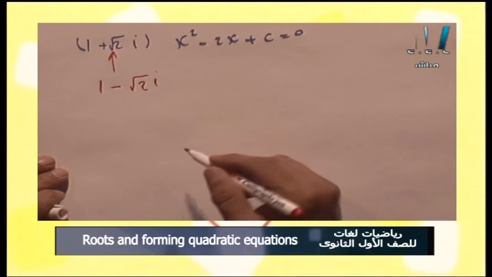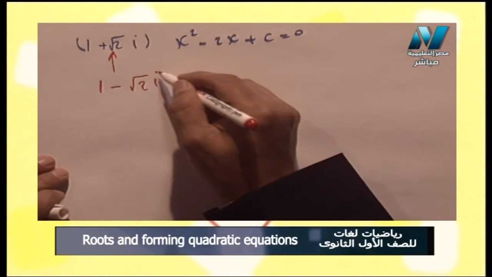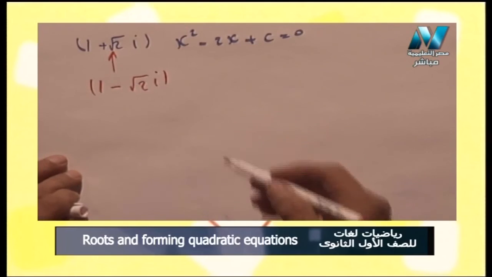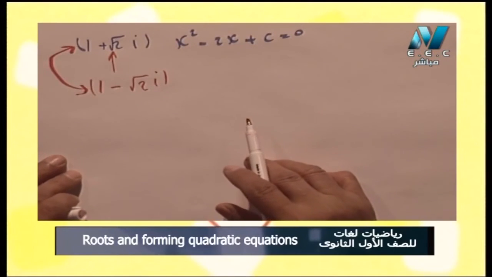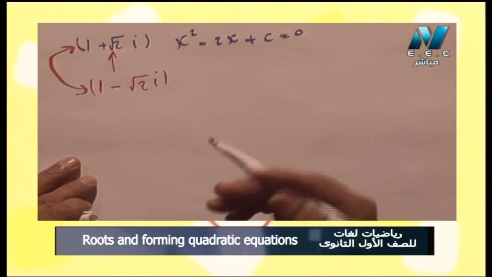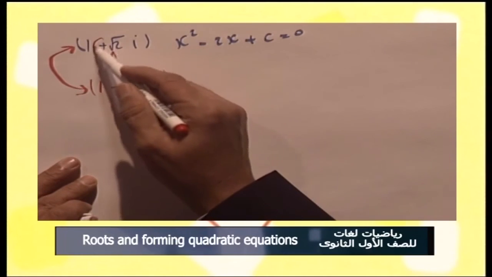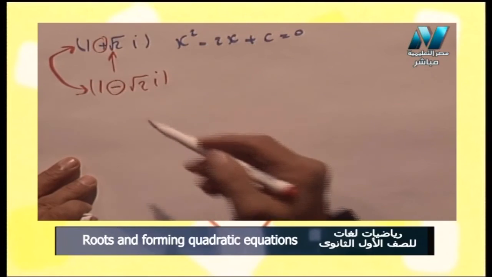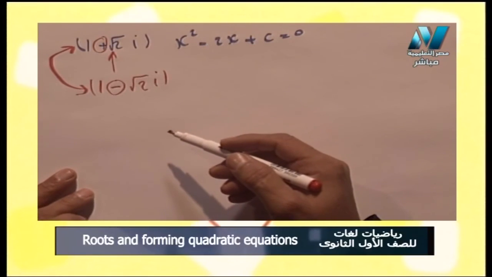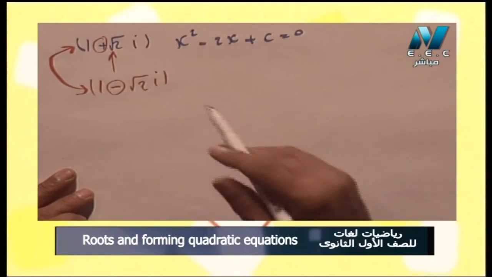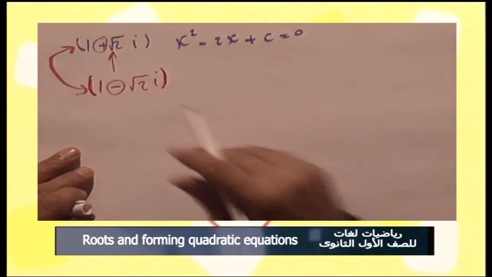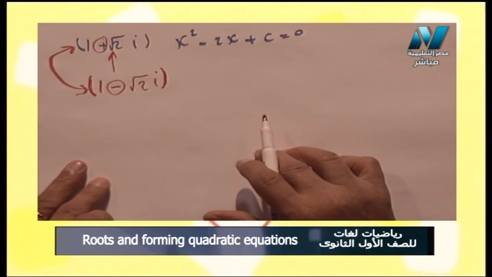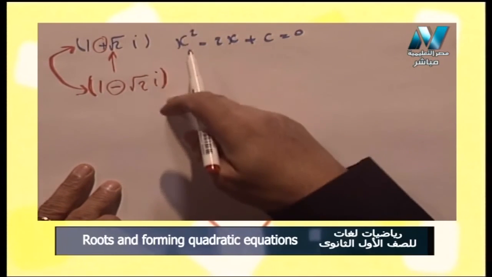It's very easy for you, because they are complex, the two roots must be conjugate to each other. That means we convert plus to minus, and minus to plus. So the other root will be 1 - root 2 i. Now we have the two roots.